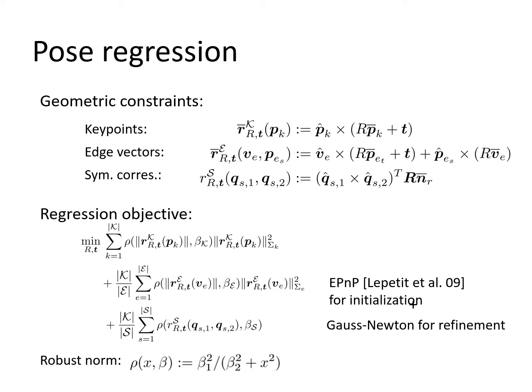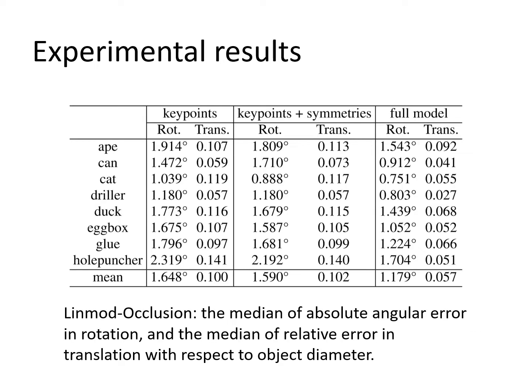The rest are quite common procedures for pose regression. So here I just want to show one result on Occluded LINEMOD, which is a very challenging dataset. And using hybrid representations, we can reduce both the translation and rotation errors. More details can be found in the paper.